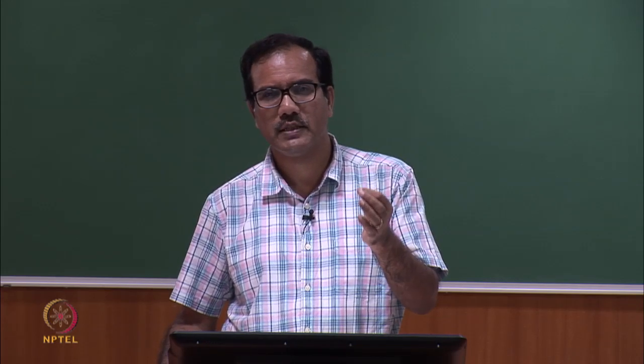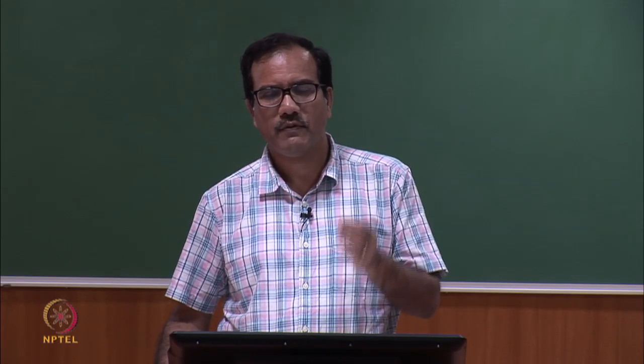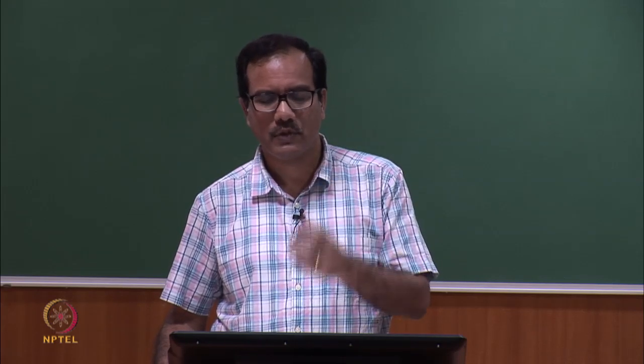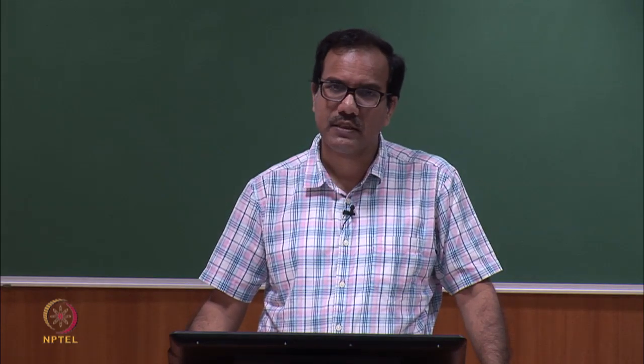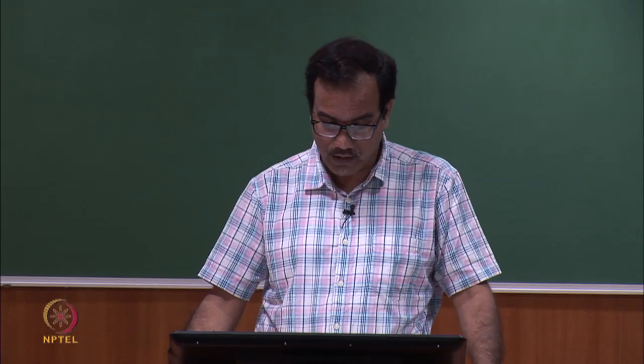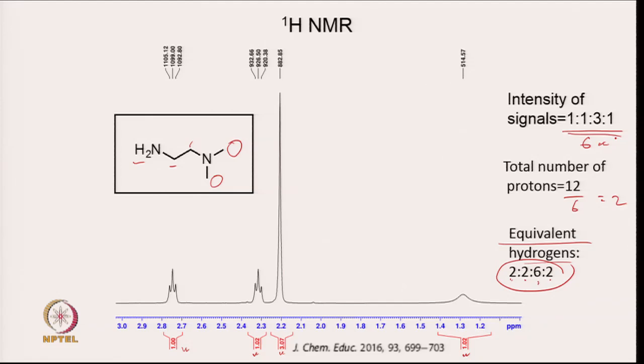So, if the intensity ratio is 1, that corresponds to 2 protons. If the intensity ratio is 3, then that corresponds to 6 protons. So, that is how we can get information from the intensity observed in proton NMR, and when you do that it is quite easy to give the assignments.